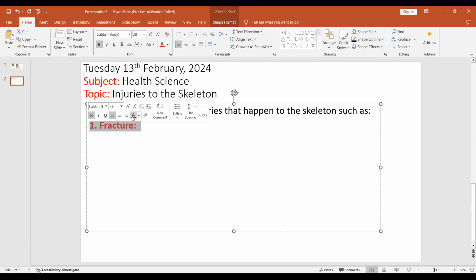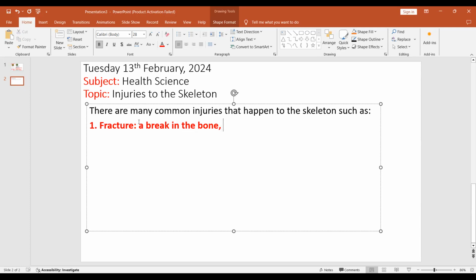So a fracture is basically a break in the bone. So when people say they break their bone, that's a fracture. So a break in the bone. That's what I mean by a fracture.